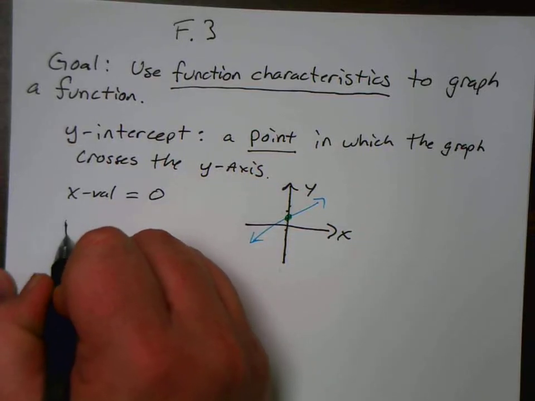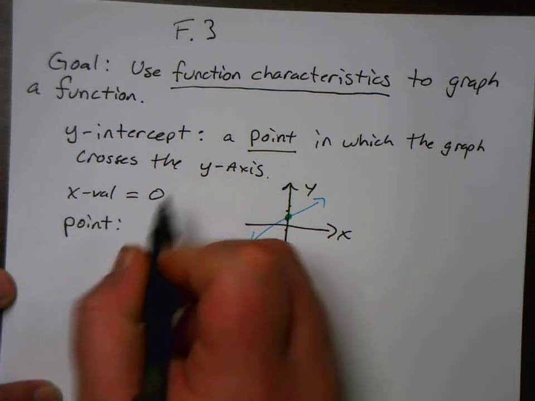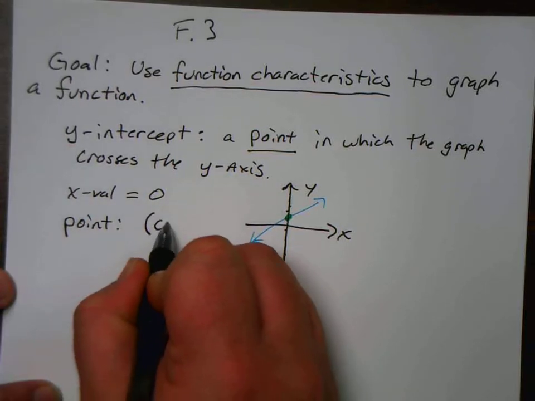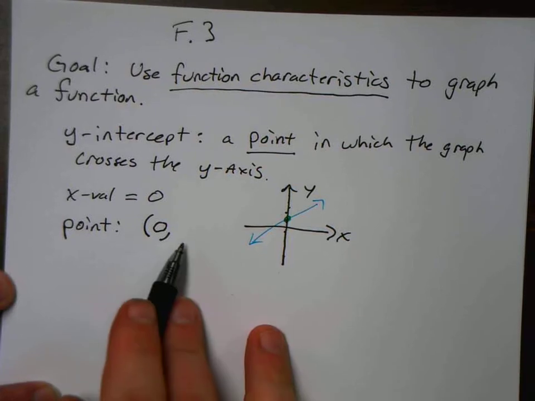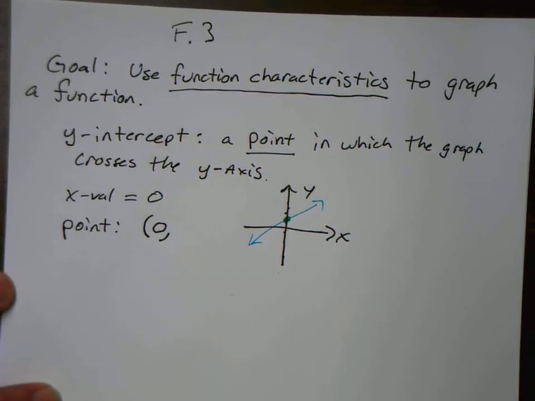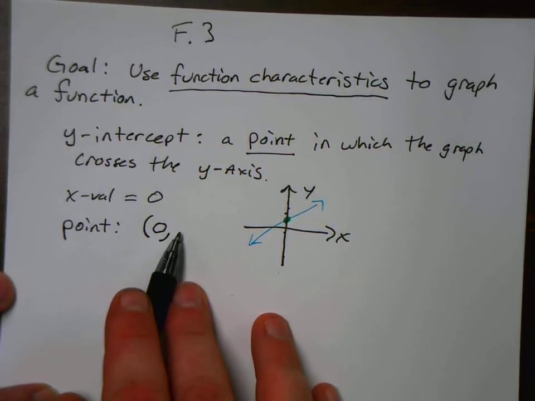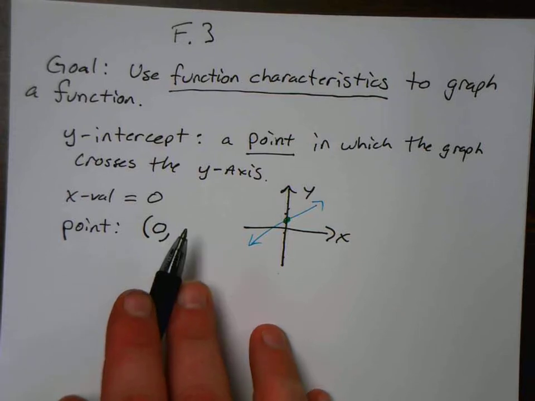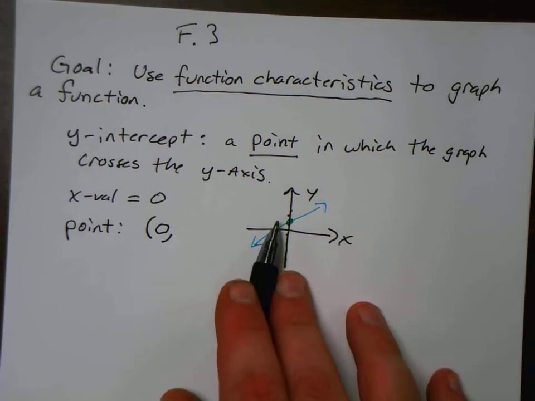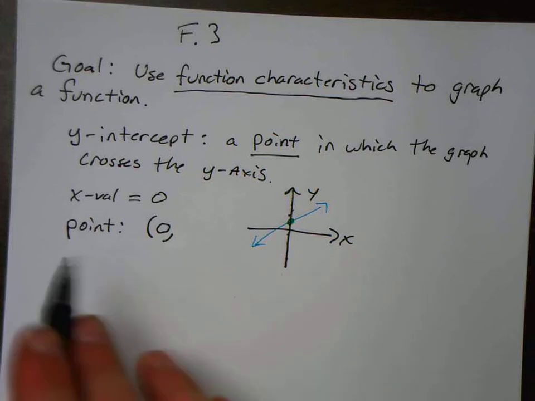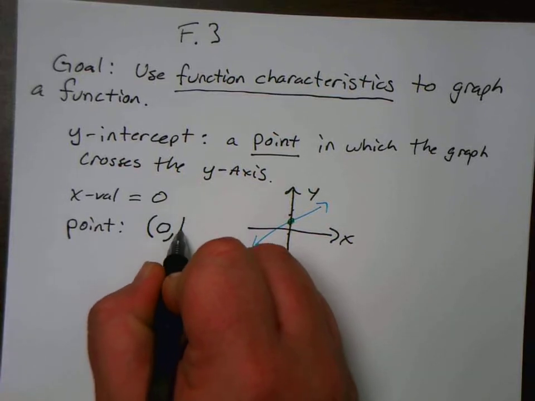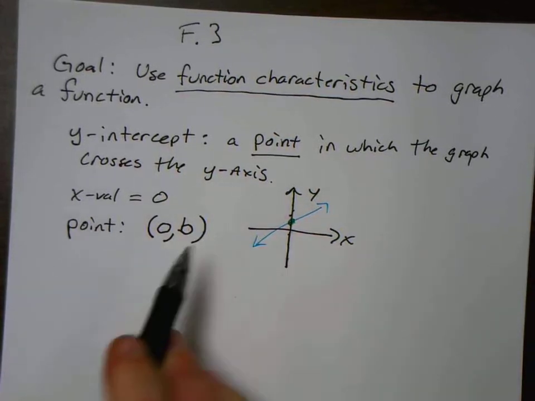So the point for the y-intercept is always going to be in the form of (0, some number). Now, since we're dealing with linear functions in this instance, that point for linear functions is always going to be the value b.